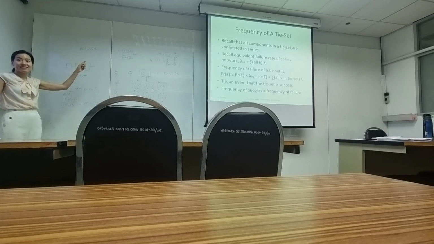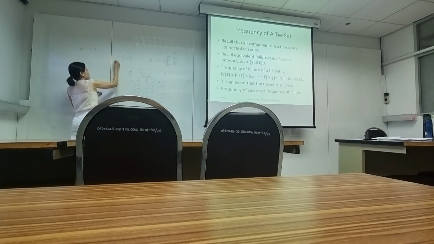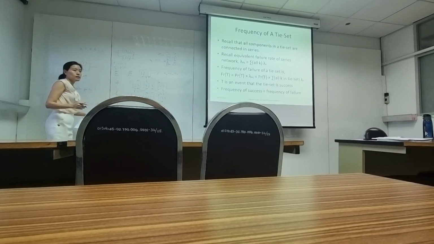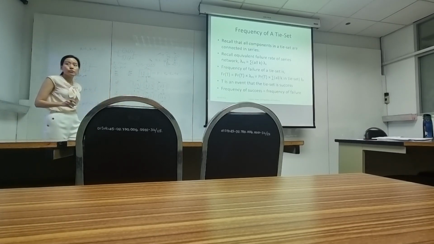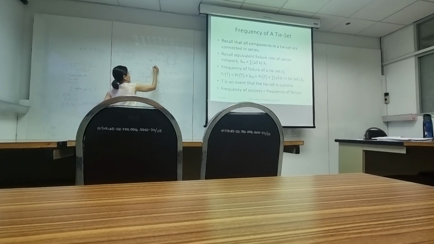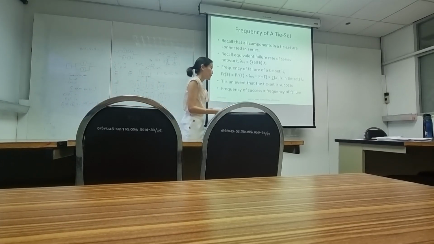Now for tie set 1, you have 1 and 2. Tie set 2, you have 1 and 3. When you union T1 and T2, you get 1, 2, and 3. So the equivalent failure rate of this union will be lambda 1 plus lambda 2 plus lambda 3. You just pick one of each, just to avoid the double count.